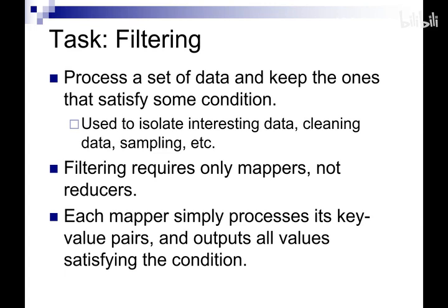Each mapper gets a subset of these key value pairs, looks through each one, and keeps the ones that satisfy that condition. That's all we need to do, and we don't need any reducers. After the mapper is finished, it outputs all the key value pairs which satisfy that condition, so that accomplishes the filtering task.